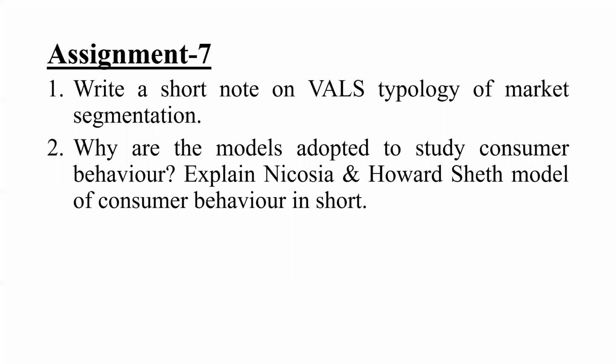So the marketers have got those motivations and characteristics required for the decision making process. On the basis of that, marketers can target the consumers and project the products towards them.